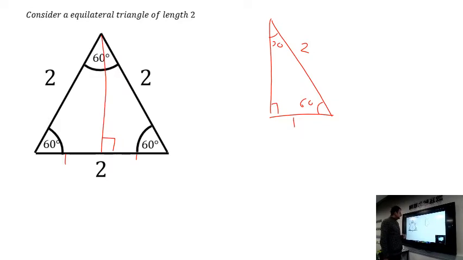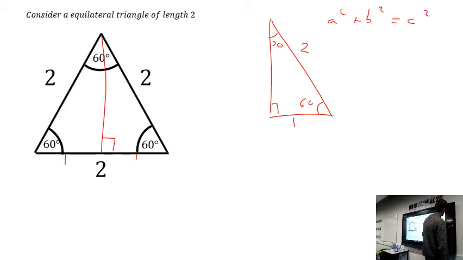So what do we know? Firstly, let's try and work out this side here. We're going to use Pythagoras. So we have a squared plus b squared is equal to c squared. C is the hypotenuse. So let's call this A. We don't know what A is.